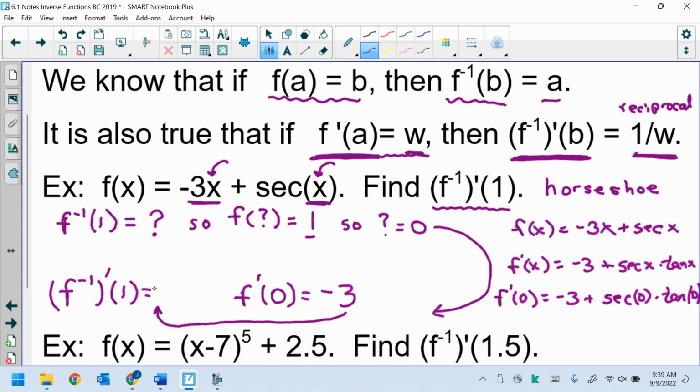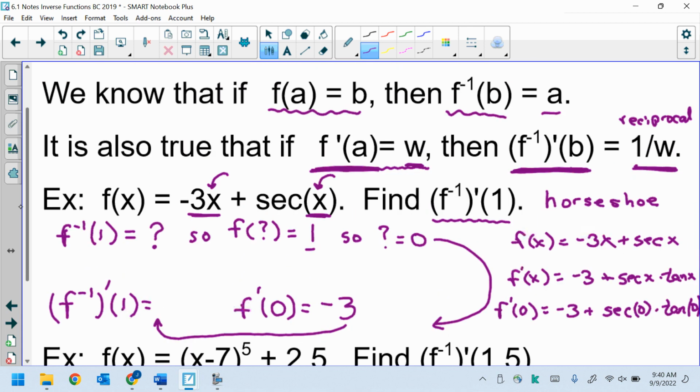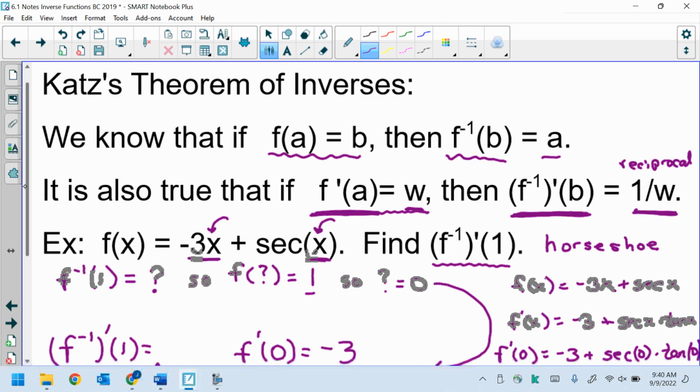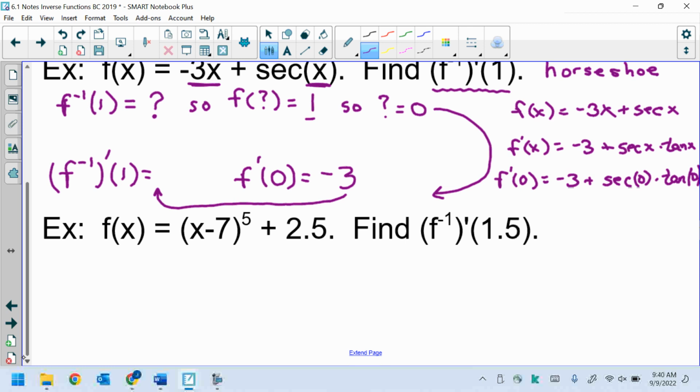Well, the theorem of inverses tells us that if I can find the derivative at A, the derivative of the inverse at B is going to be the reciprocal. So if this is negative 3, doesn't this have to be the reciprocal? Negative 1/3.